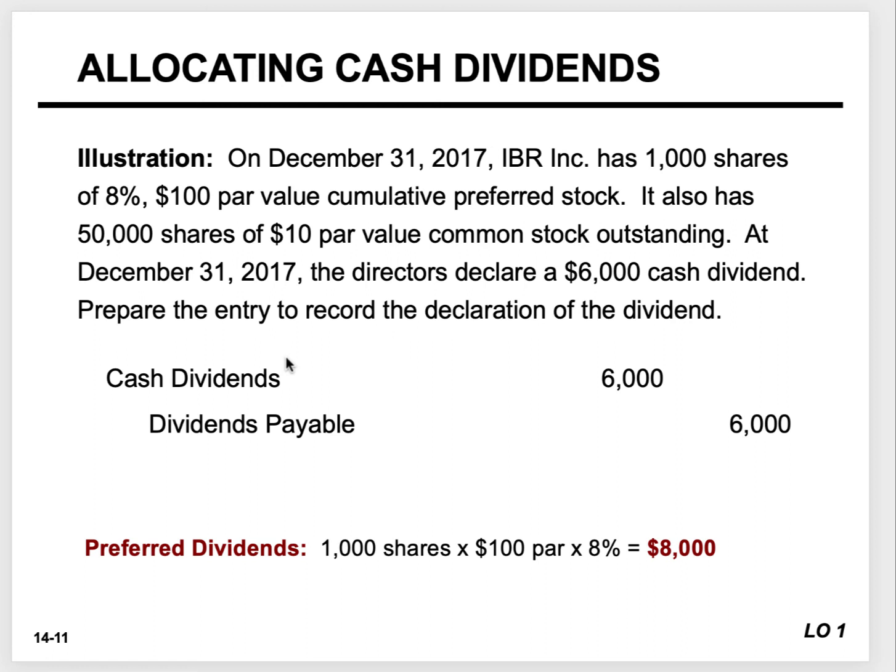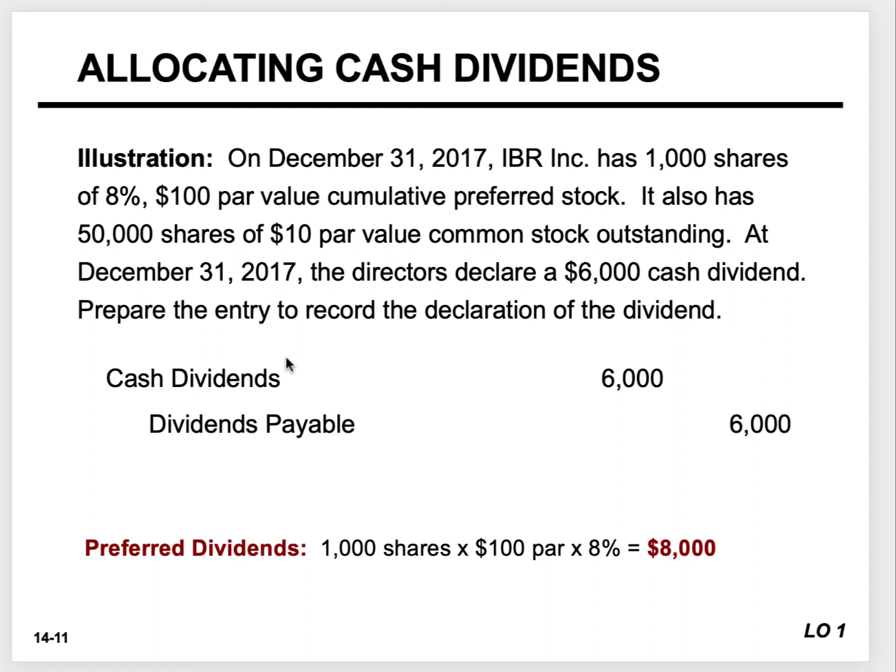I'm going to debit cash dividends and credit dividends payable for $6,000. Why $6,000? Because they tell us this is what the directors declared. We're going to pay a $6,000 cash dividend. Here's the total amount that we're paying. What's the per share value of that? Well, I need to figure that out.